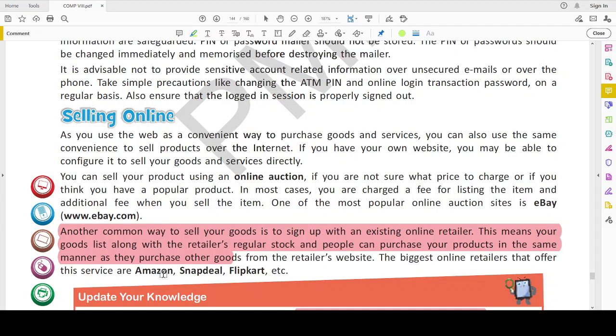So people will buy from their website with more probability, with more surety and with more confidence. So your product will be sold more easily and at a faster pace. You can use this mode of selling if you want to participate in online selling.